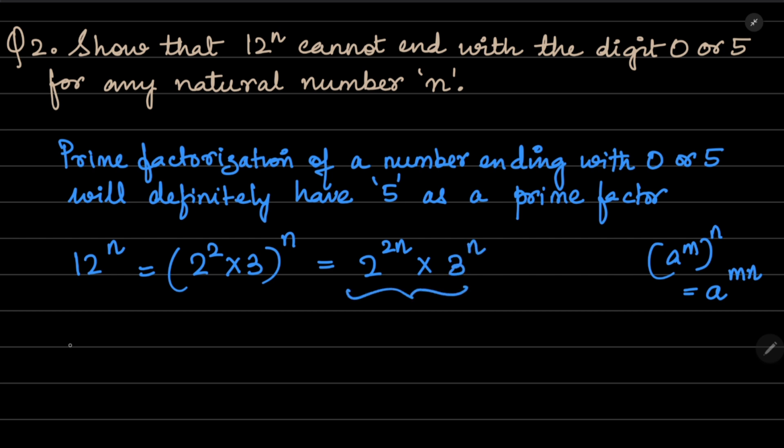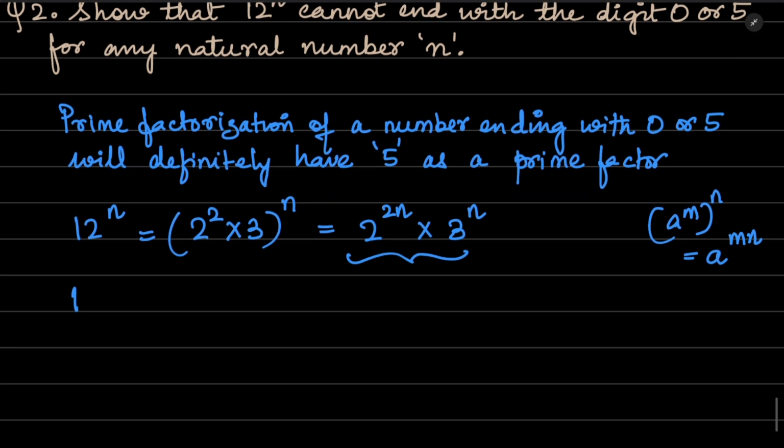Okay, so the prime factorization of 12 to the power n contains only 2 and 3 as prime factors. It does not contain 5 as a prime factor. So 12 raised to the power n can never end with 0 or 5. So you have to write the sentence. Let me write it.